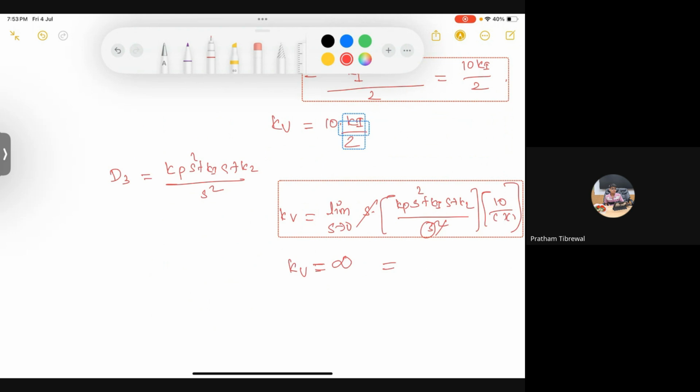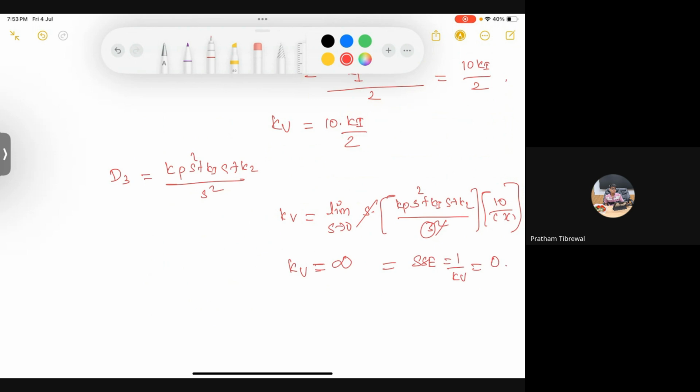Then the steady state error, 1 by Kv, will become 0. But we want a steady state error lesser than 0.1, not actually 0. It was not mentioned like this. So we could go with the choice with some finite number. That's why they mentioned non-zero steady state error, so you should not consider this one.